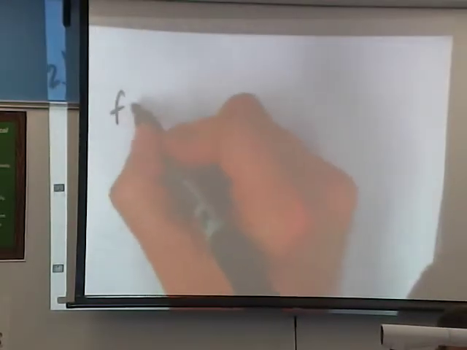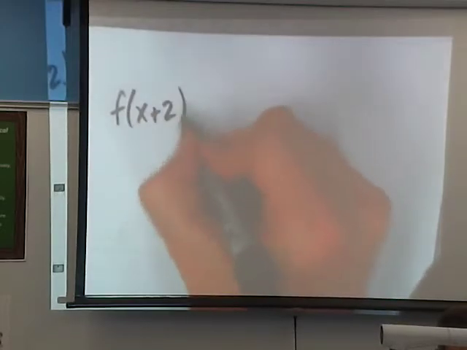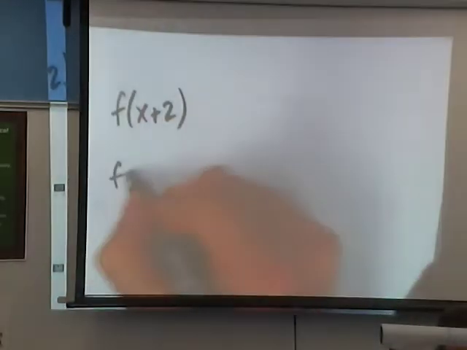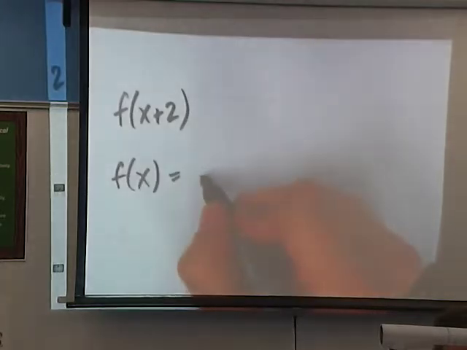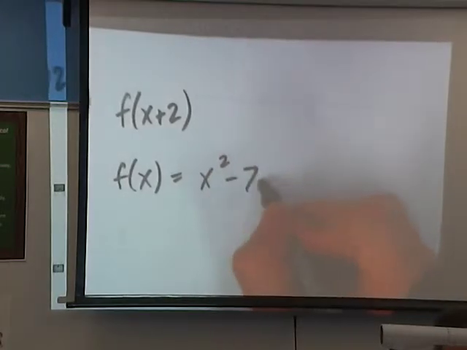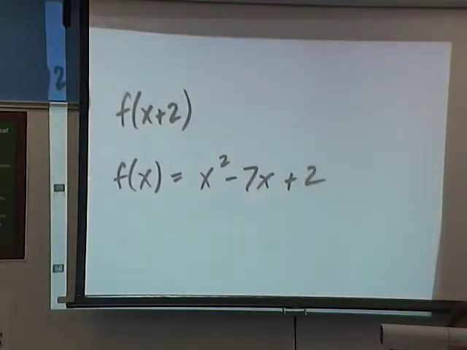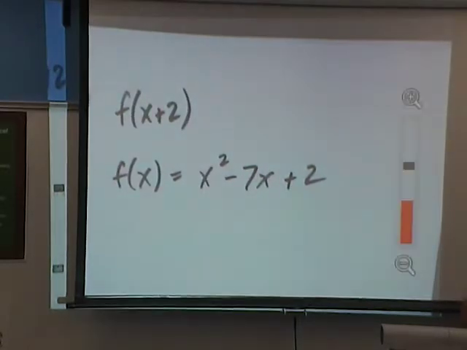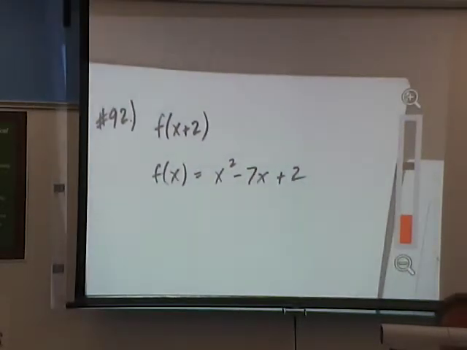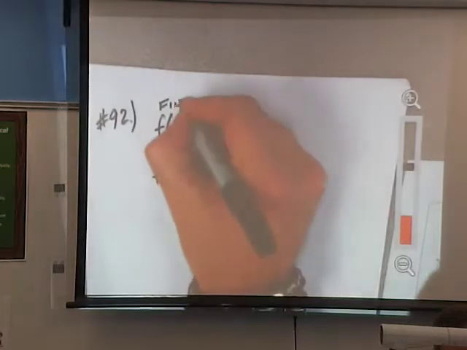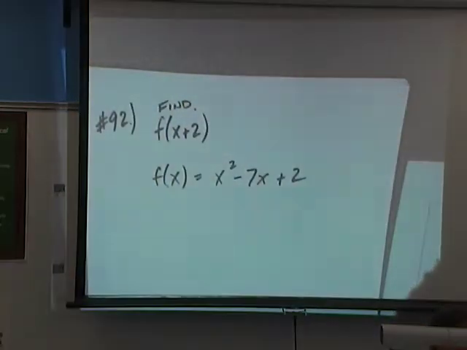Alright, 92. They want us to find f of x plus 2, and they give us f of x is equal to x squared minus 7x plus 2. What do we do?